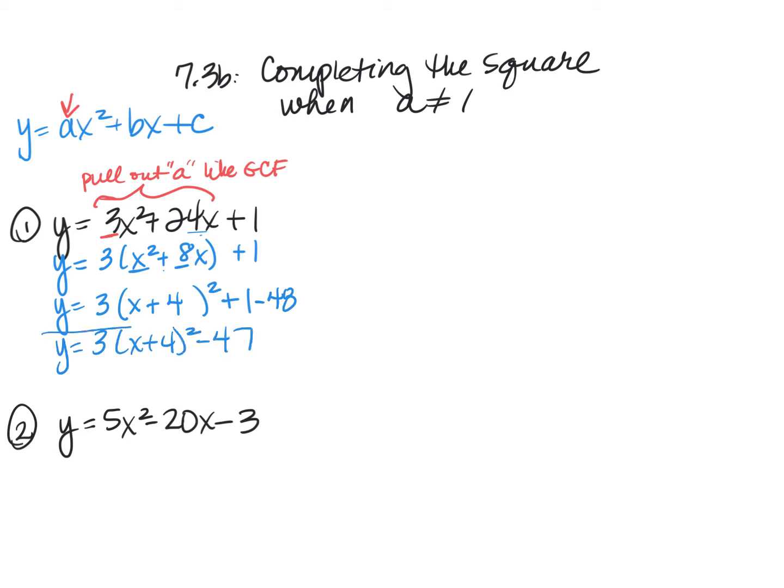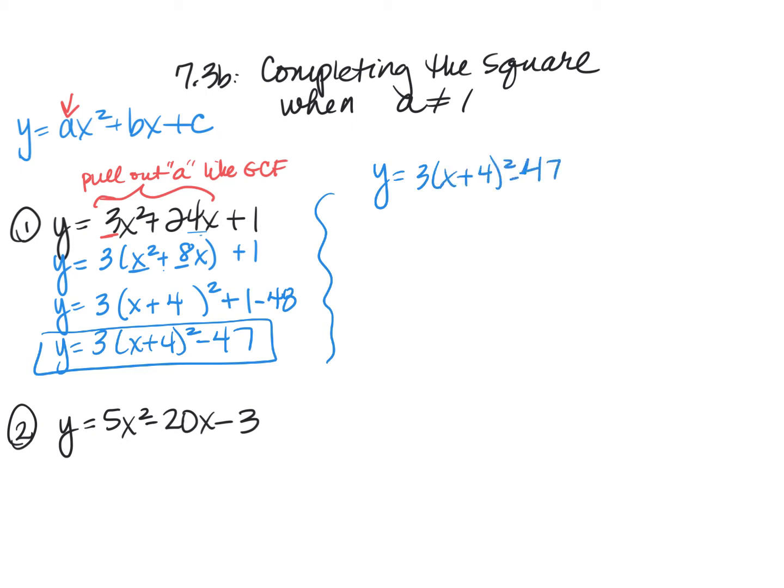All right, now we're going to check them today just like we checked them yesterday. So let's see if we expand this, if we get back to where we wanted. So x plus 4 times x plus 4 minus 47. Let's see what happens here. So it's 3 times, when I FOIL this, I get x squared plus 8x plus 16 minus 47.